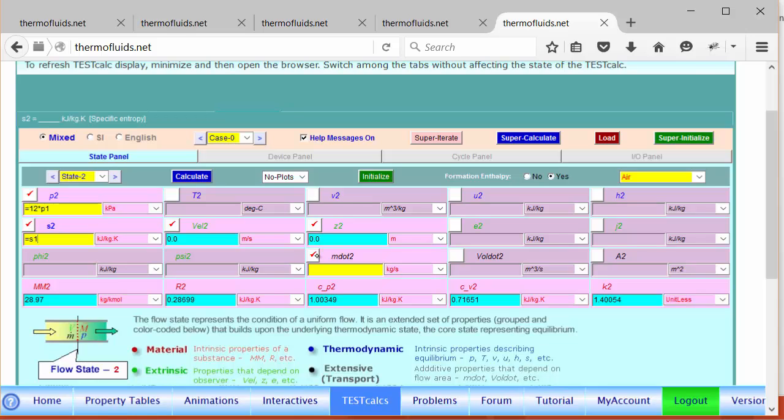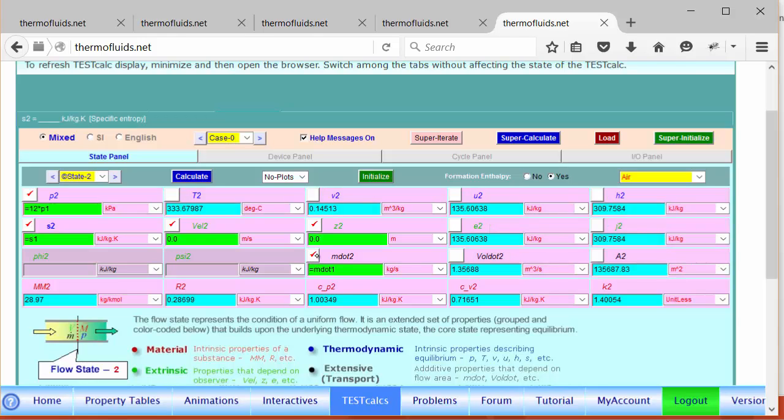And of course, mass flow rate cannot change. It's the same mass flowing from inlet to exit. As I hit enter, I get the temperature here in Celsius. Let me see, in Kelvin, what is the temperature? 606 Kelvin. And I believe we got 606, yeah, pretty close to this answer.